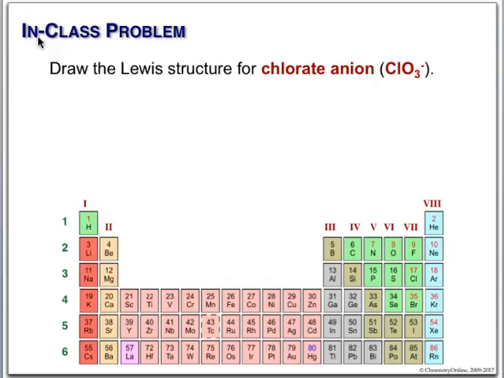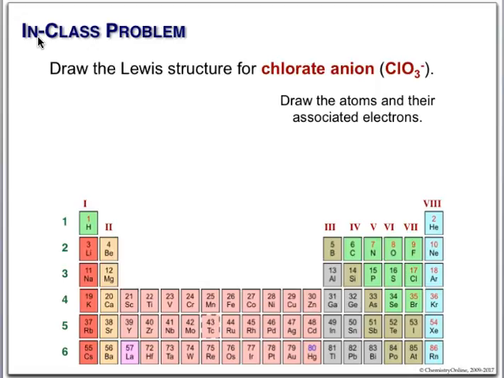Now, we talked about this last time. The way you're going to do this is find the atoms on the periodic table. You're going to figure out how many valence electrons they have. Put them together in a little ball. And then we're going to pair them up so they can form bonds. Only 2 electrons per bond.